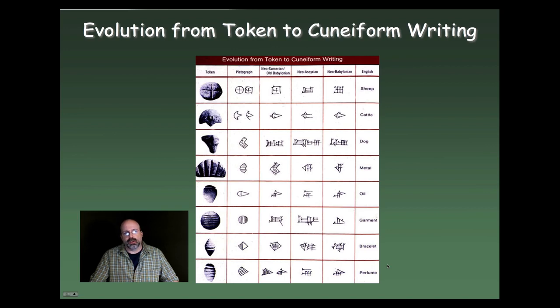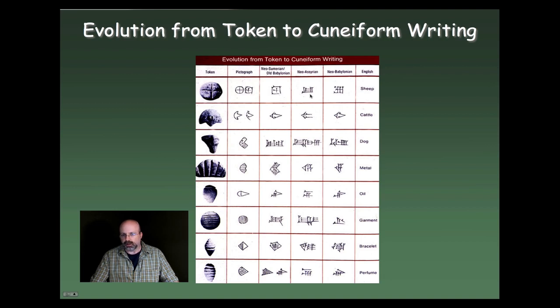So actually, if we take a look at this here, you can see where the evolution of cuneiform writing comes from. It originated with tokens, so literally with solid pieces of probably clay, little token pieces that people exchanged. And you can see, if I go to this first level here, here's a token. And then this is the pictographic form of that token. And then this is the Neo-Sumerian, or Old Babylonian, way of writing that same token piece.